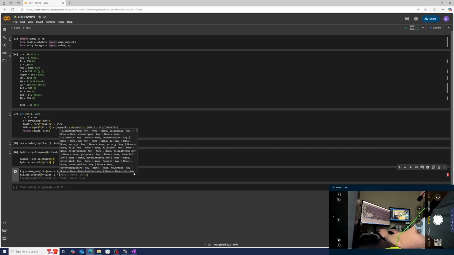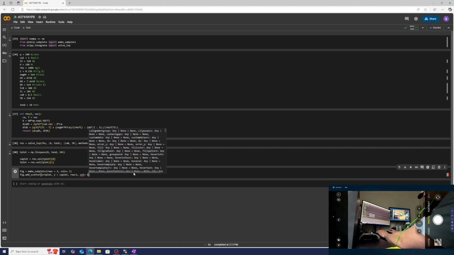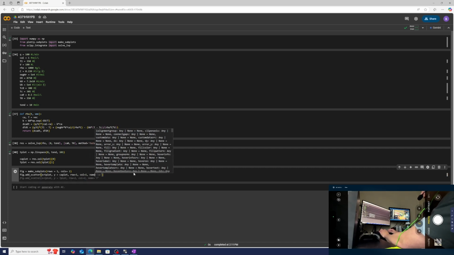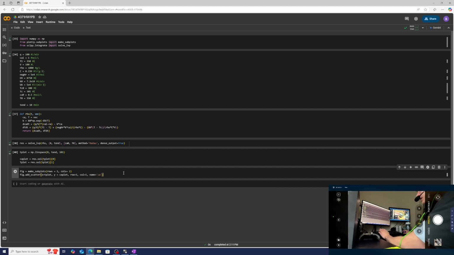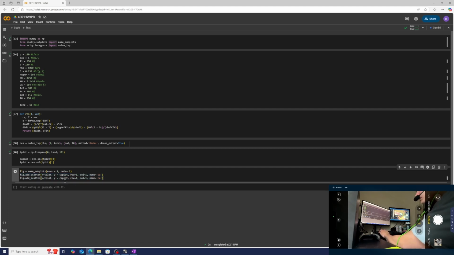Our y will be our CA plot. This will be in row 1 and column 1. And the name for this is going to be concentration. And then copy this. So now for our y, we want it to be our temperature plot, and then column 2, and this will be our temperature.